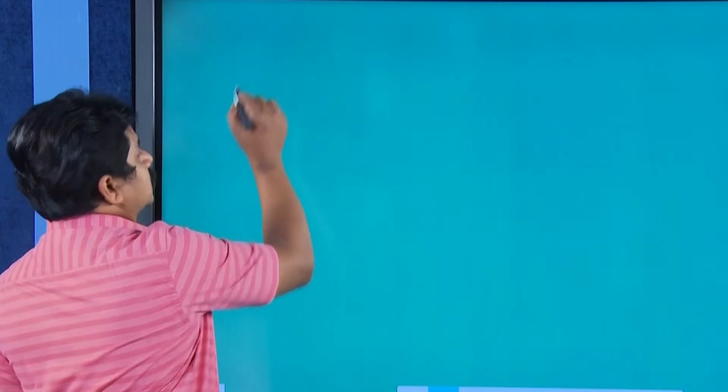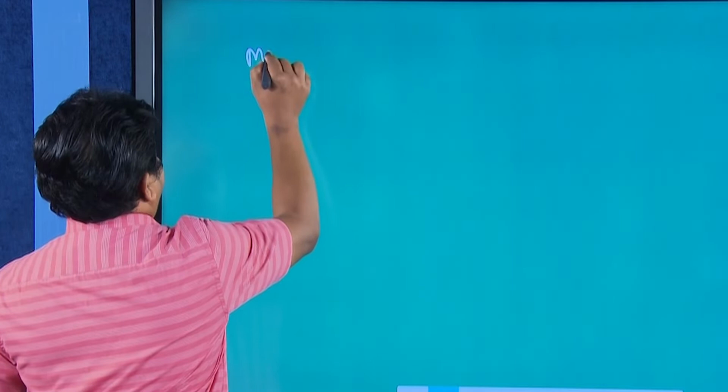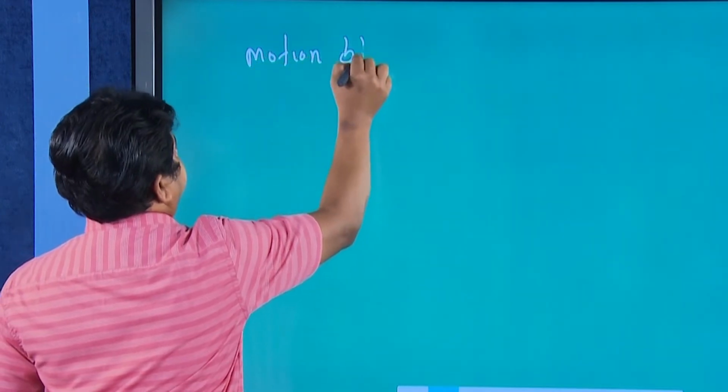Now, motion of a block over a pulley, motion of blocks.